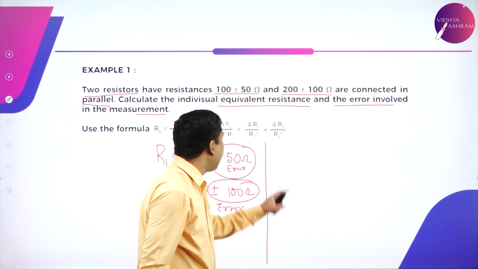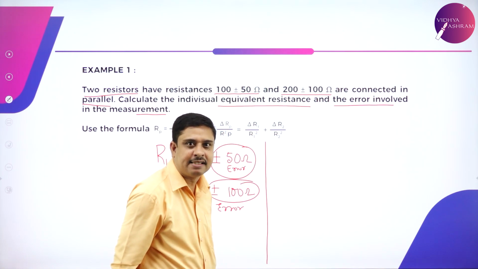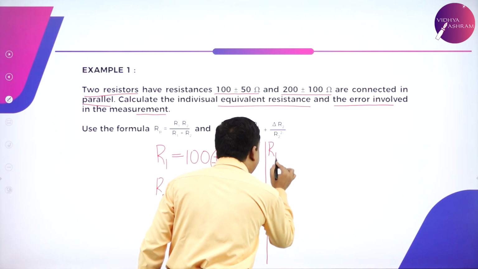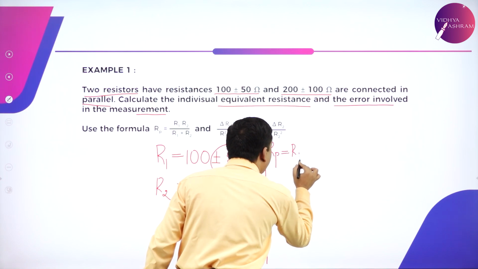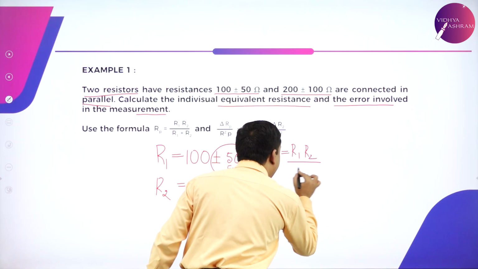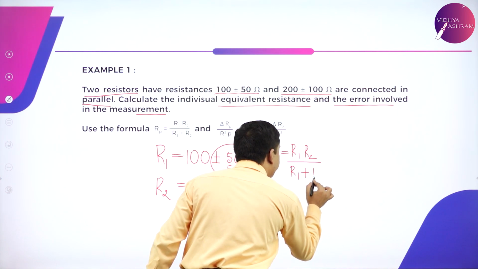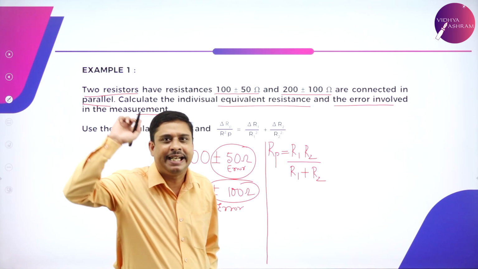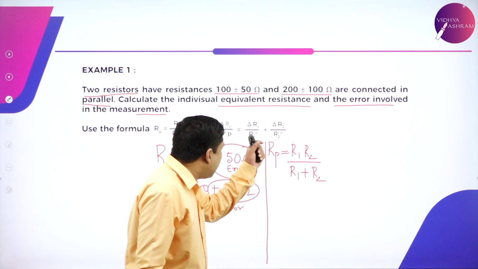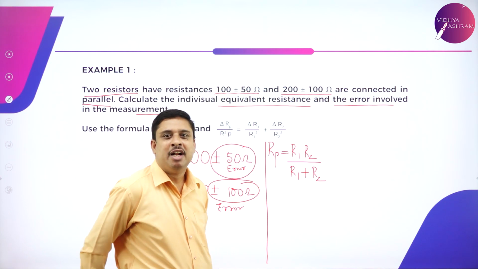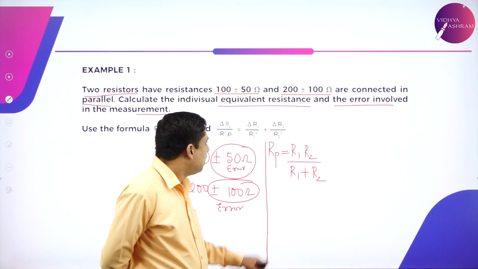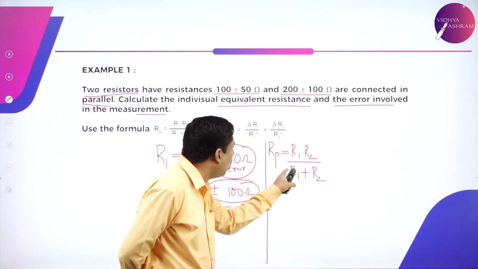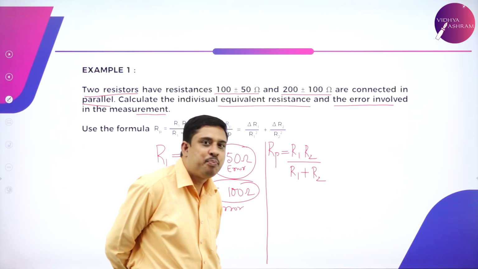First I will calculate equivalent resistance. Formula is not given, so RP is R1 R2 divided by R1 plus R2. All these formulas and all details next class, but now I will use this as a tool to calculate errors. So RP equals R1 R2 divided by R1 plus R2.